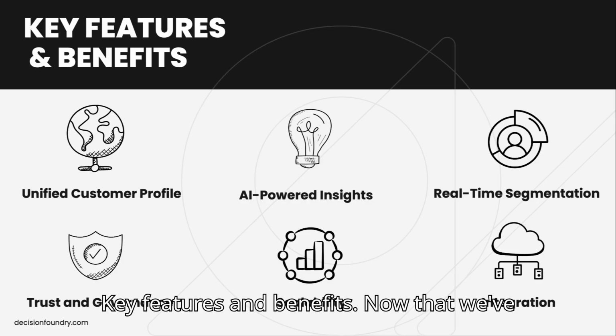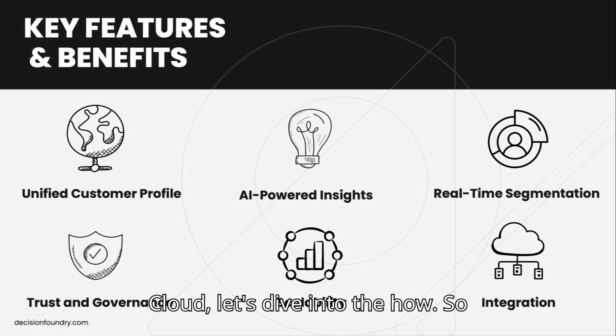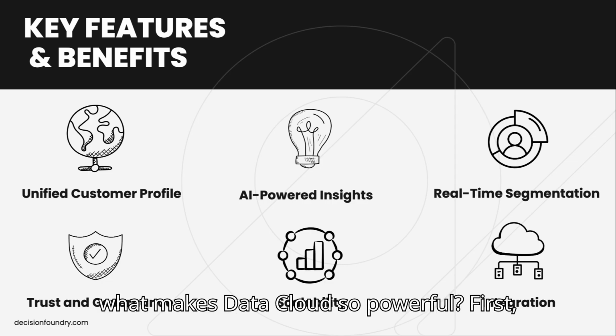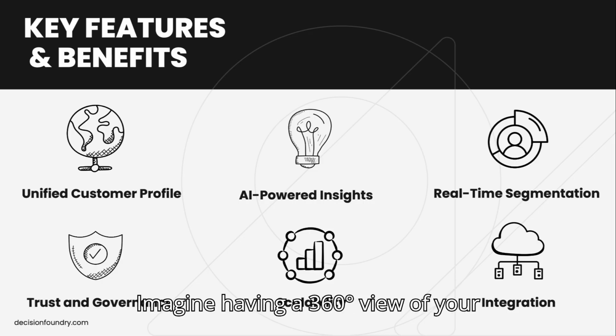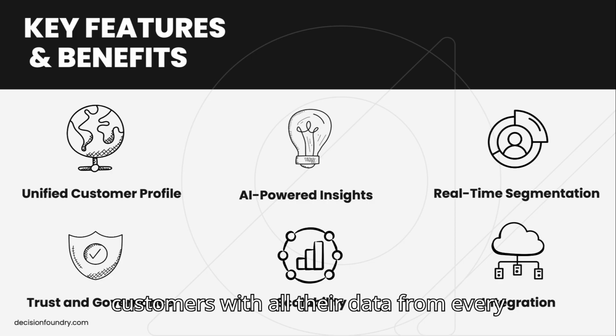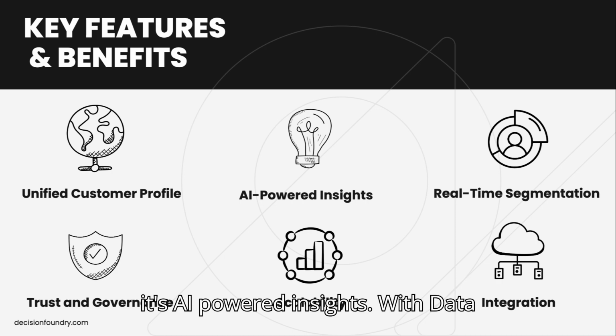Key features and benefits. Now that we've covered the what and why of Data Cloud, let's dive into the how. So, what makes Data Cloud so powerful? First, it's the unified customer profile. Imagine having a 360-degree view of your customers, with all their data from every source in one place. Next, it's AI-powered insights.